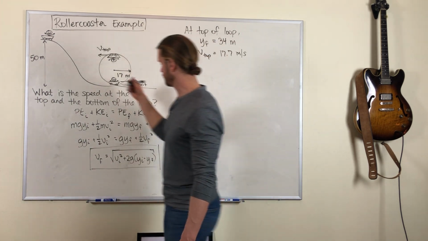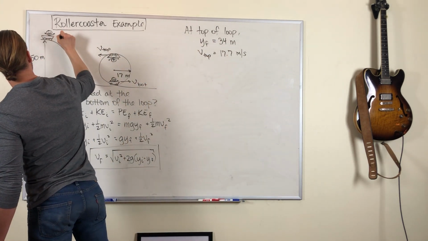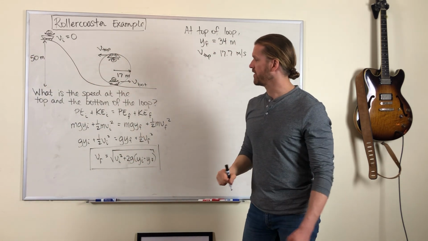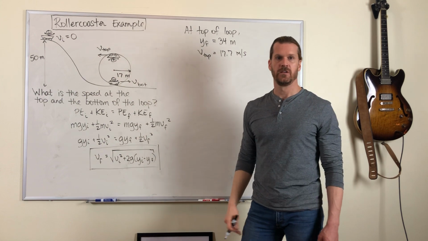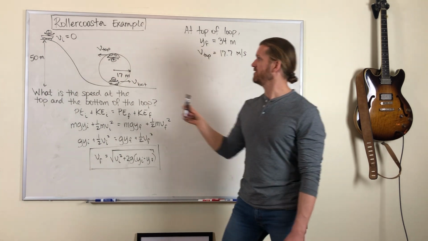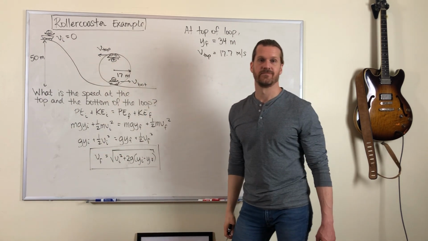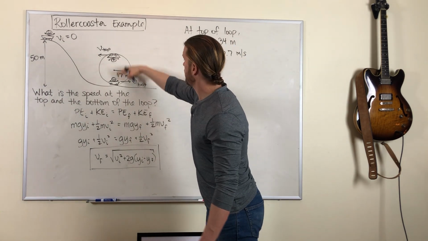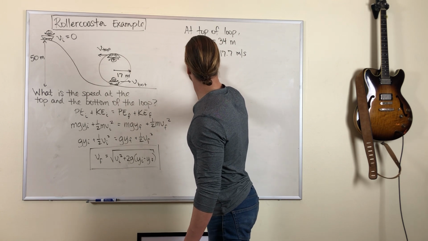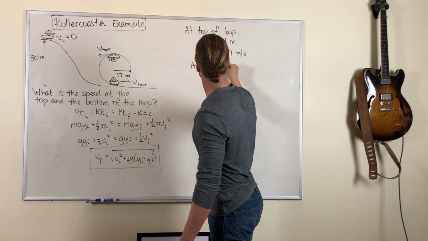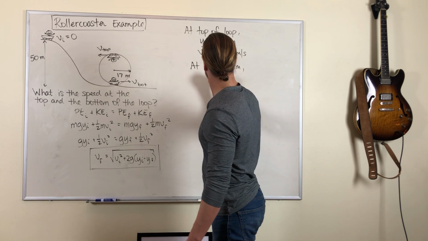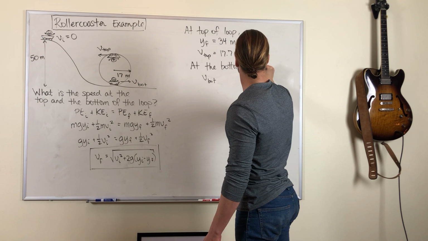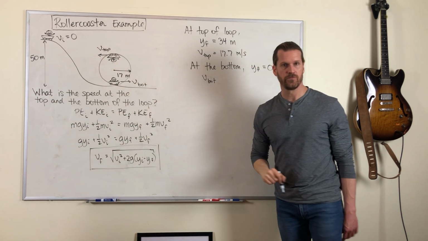Oh, and by the way, we'll assume that the roller coaster car started from rest. We'll assume that this v initial is 0, but this still works even if you start out with some non-zero speed at the top. And then at the bottom of the loop, y final is 0, your ground level.